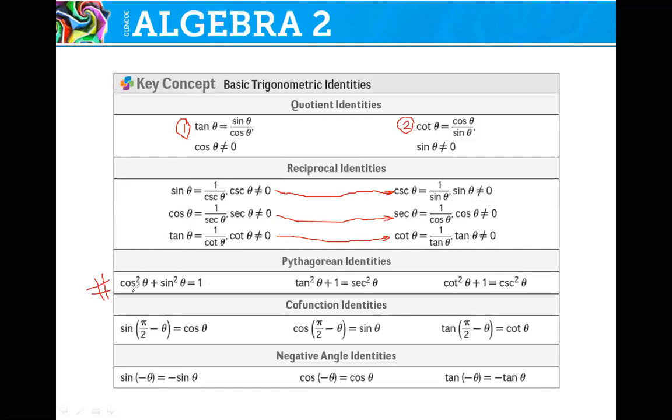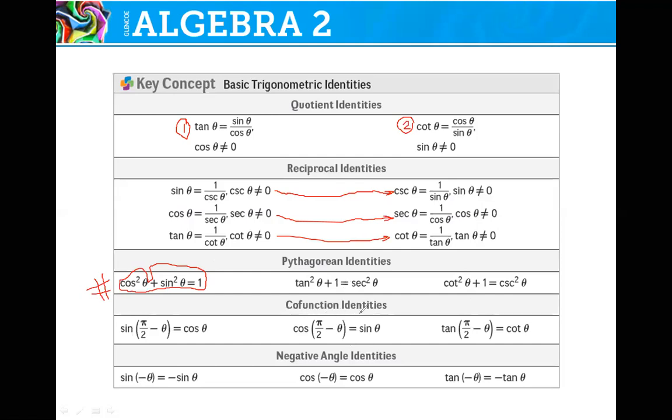The main identity is cosine squared theta plus sine squared theta equals 1. If we have to make a relation between sine and cosine, we use this identity. From this identity, we can deduce that tan squared theta plus 1 equals sec squared theta, and cosec squared theta plus 1 equals cosec squared theta. We talked about the proof of these identities yesterday.